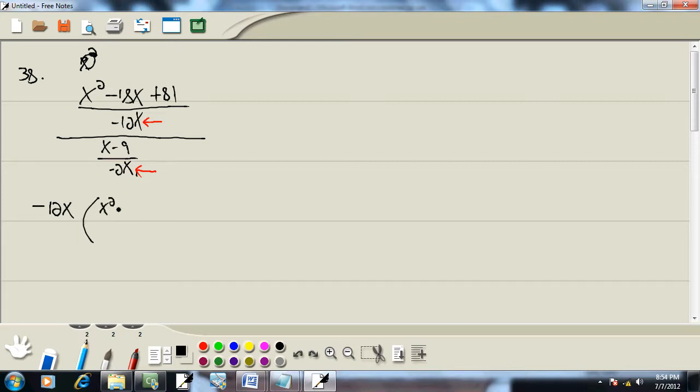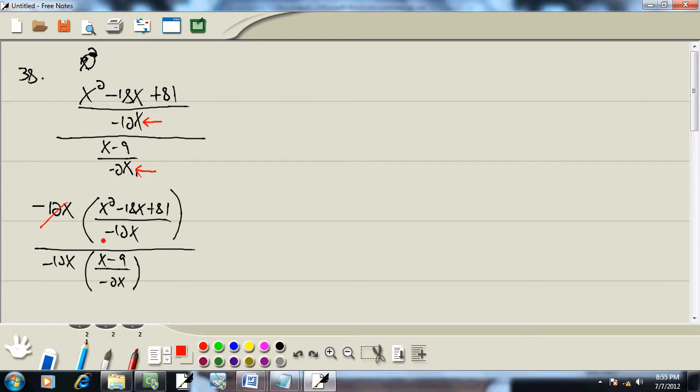So multiply times the x squared minus 18x plus 81 over negative 12x, and we'll also multiply it by the fraction on the bottom, the x minus 9 over negative 2x. Well, the negative 12x's cancel there. Down below here, the x's are going to cancel.